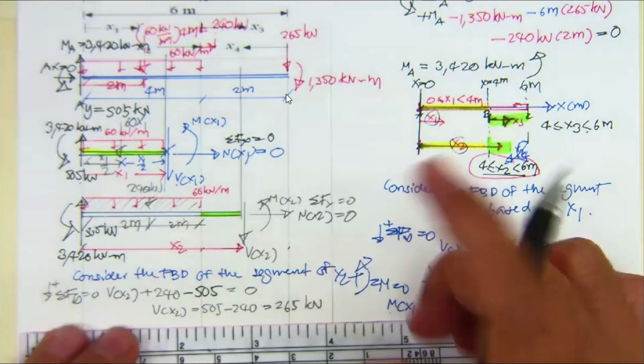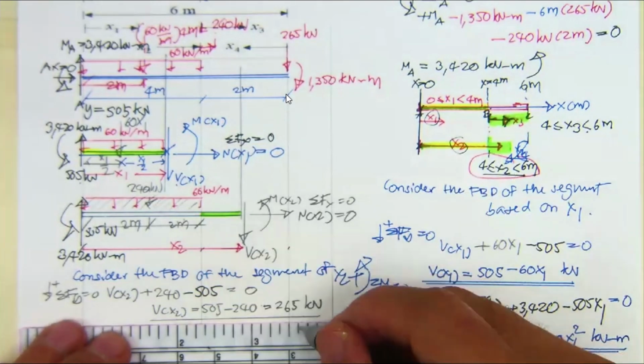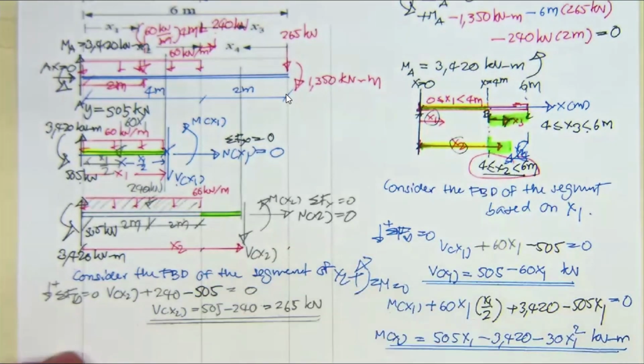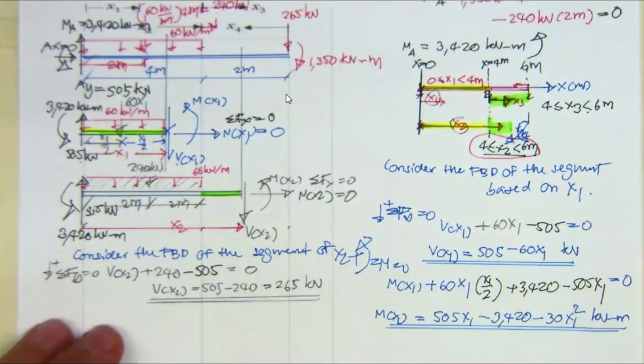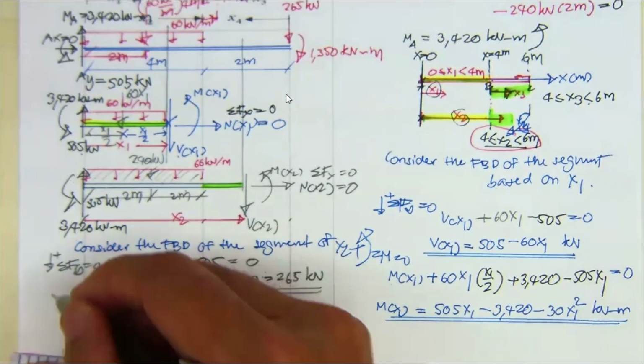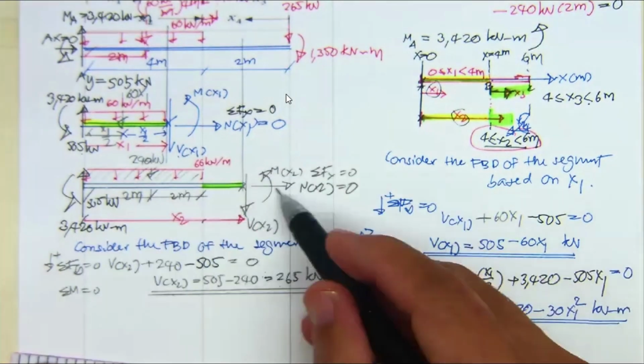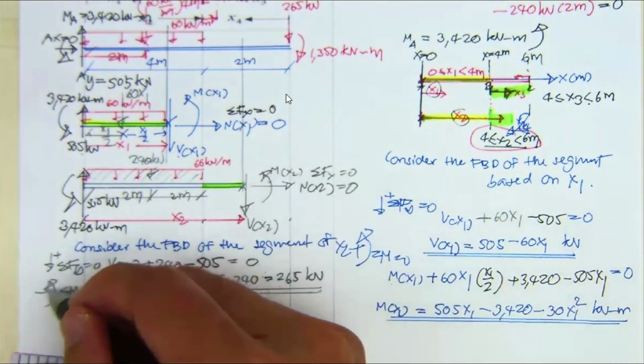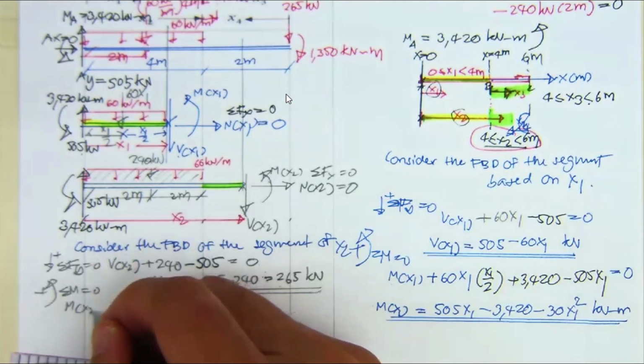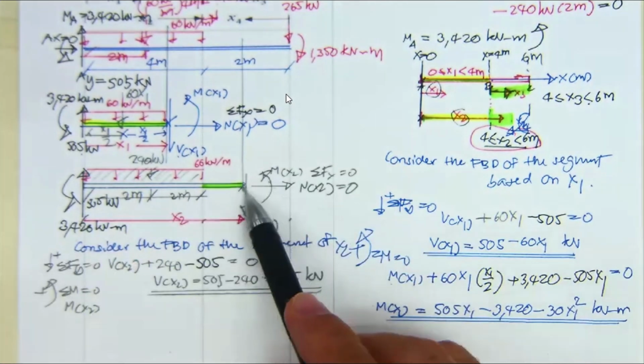It's going to be a constant. Then we have the last one, summation of the moment here to be 0. Counterclockwise is positive, M sub x2. Take the moment over here.